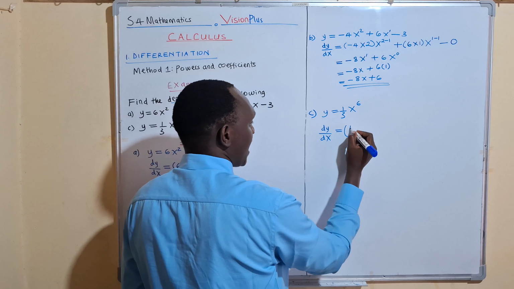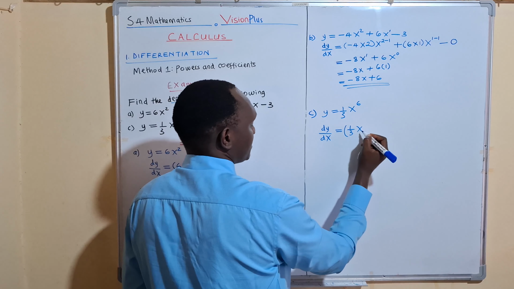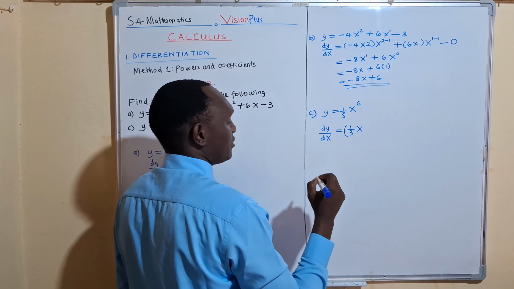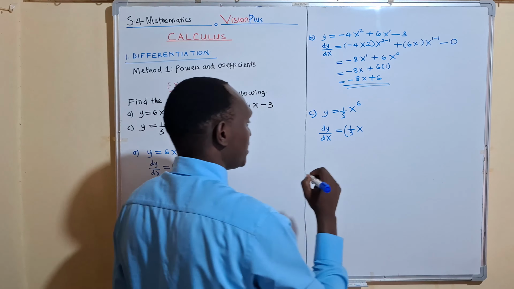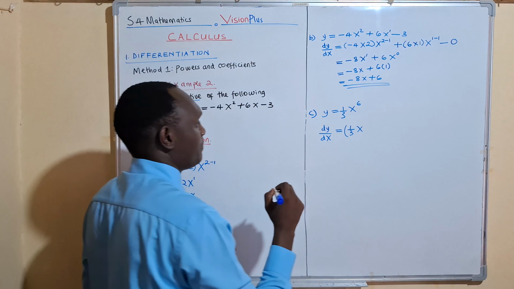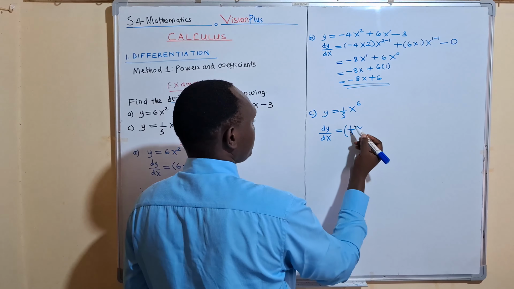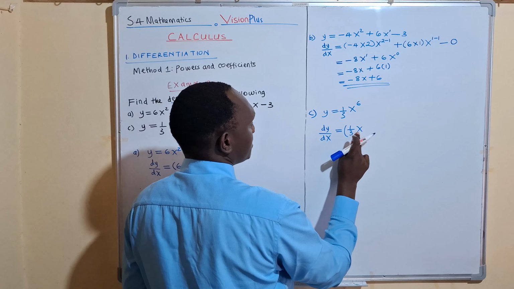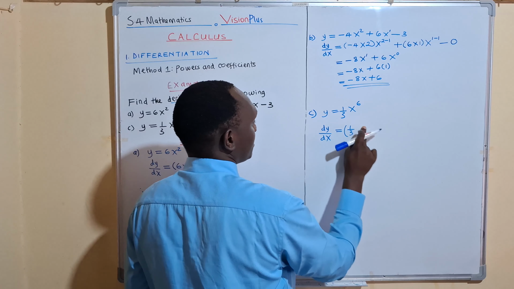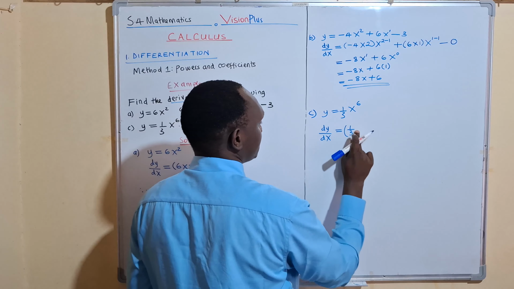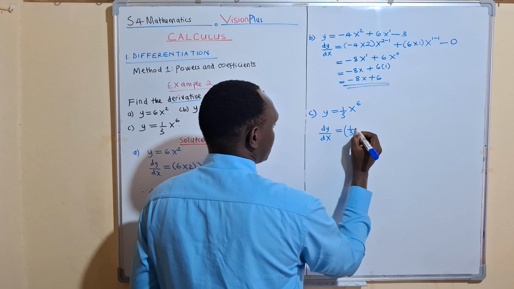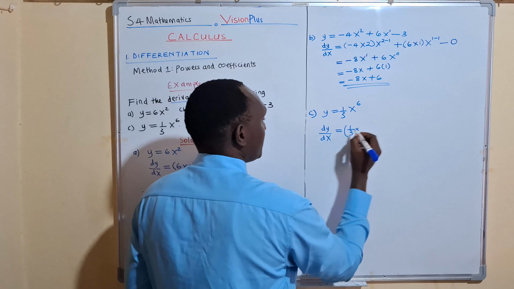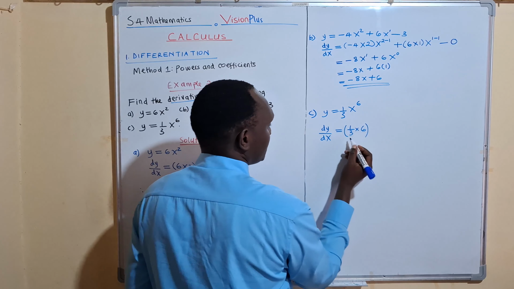So we shall say a third times, we always multiply. Don't divide, don't subtract, don't add, we always multiply. So we shall say 1 out of 3 times, sometimes the times sign looks like x, by the way. That's why it is discouraged. Times, you can make it small, times 6. This is the coefficient.